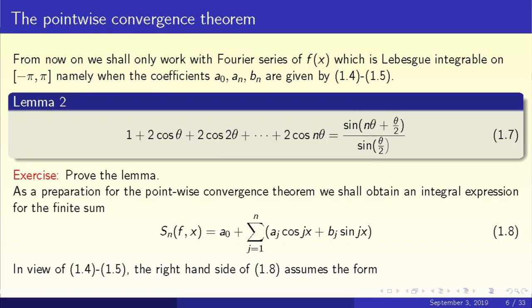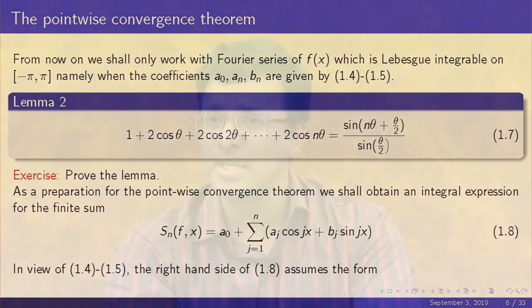We will get the integral from minus pi to pi, and we will have a 1 upon 2 pi factor outside, and a0 will be integral f of x dx. aj is an integral of f of t cos jt dt. bj is integral f of t sin jt with a 1 upon pi factor in front of it.